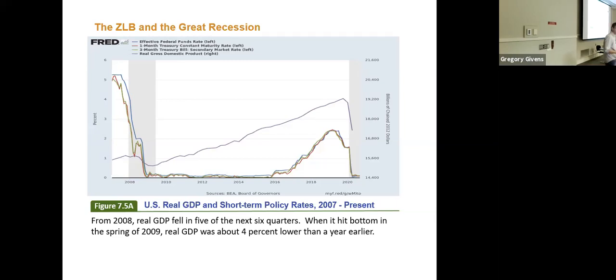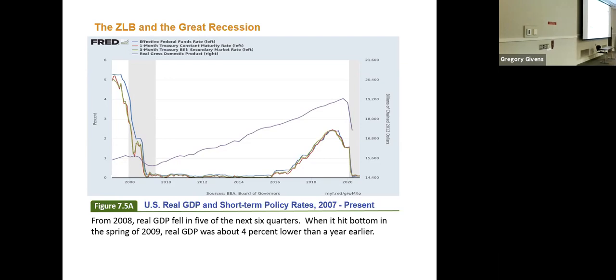Now, just a little bit of background here. Starting in 2008, when the financial crisis heated up and it was clear that the economy was heading into a recession, you will see that real GDP declined in 5 of the next 6 quarters.